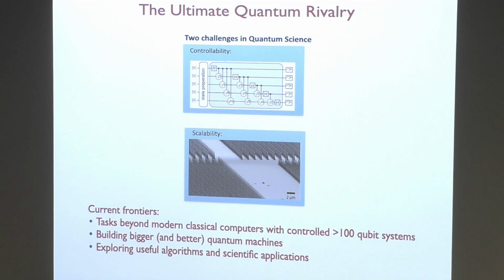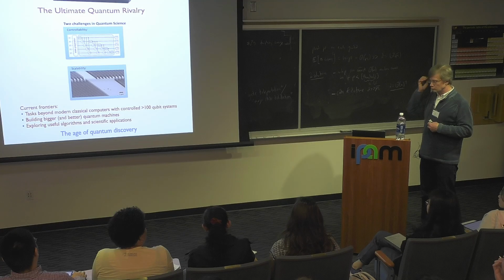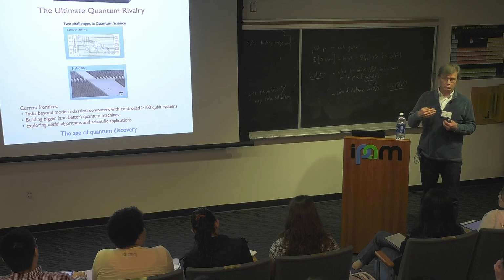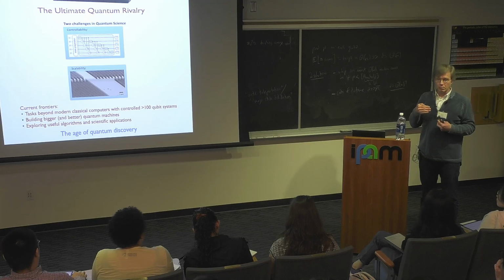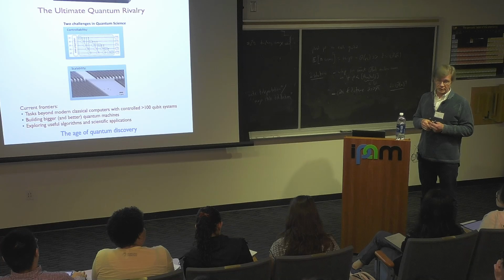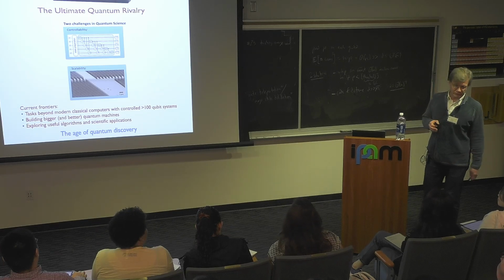So basically, we're at what I like to call an era, or age, of quantum discovery, where by experimenting with real hardware, we can make meaningful progress along both of these directions. So that's a high-level preamble.